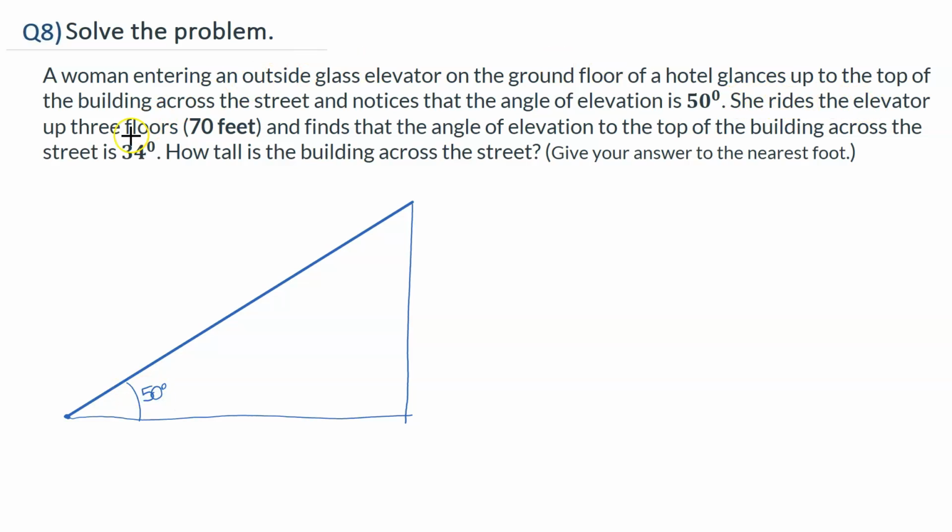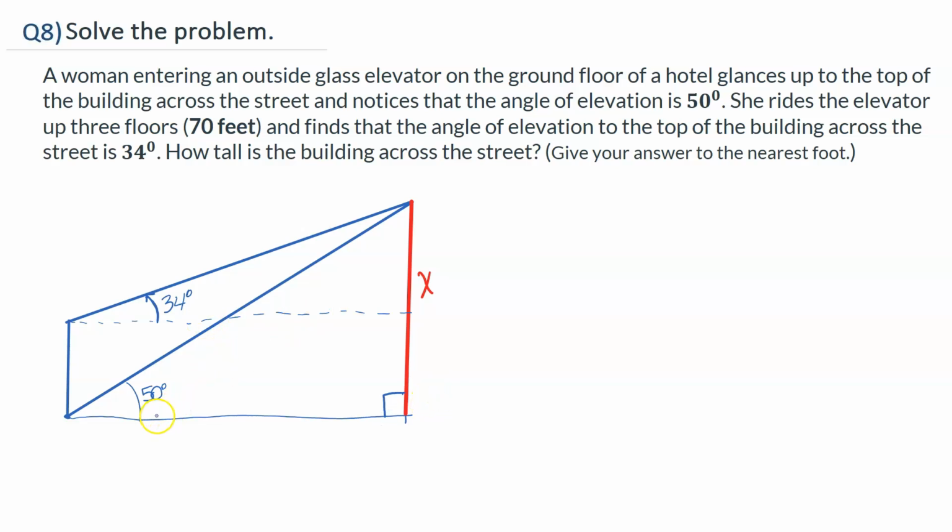She rides an elevator up 3 floors, 70 feet, and then finds that the angle of elevation to the top of the building across the street is 34 degrees. So we want to know how tall is the building. Let x be the height of the building. And of course, the building makes 90 degrees with the ground.